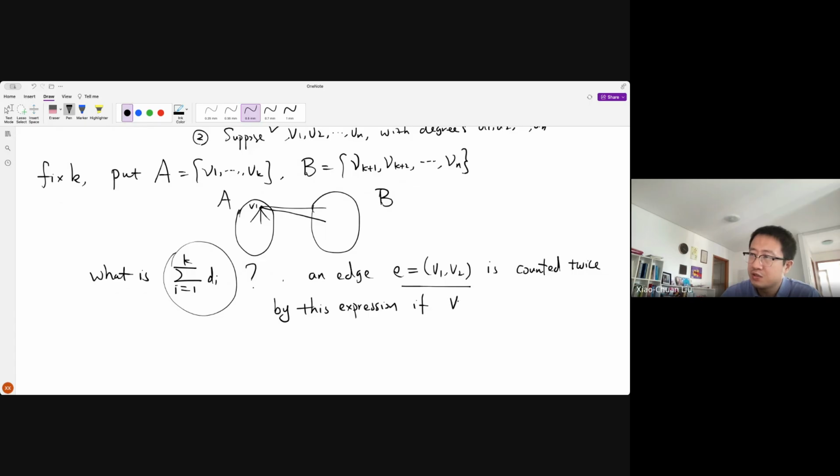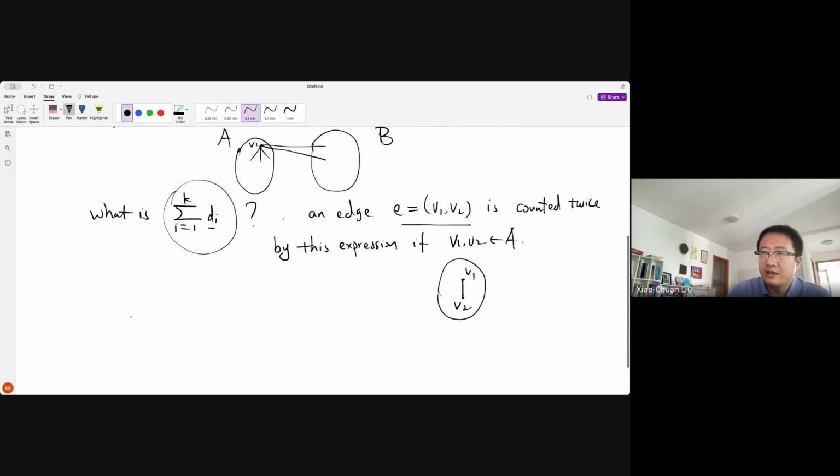if both v1 and v2 belong to A. Because for this edge, when you are putting d1, you count this edge once. When you are putting d2 here, you count this edge another time.